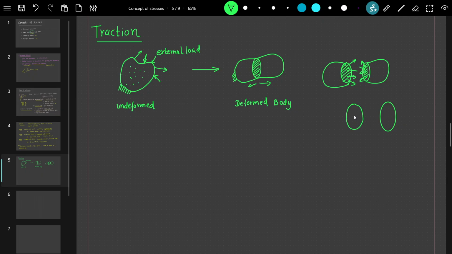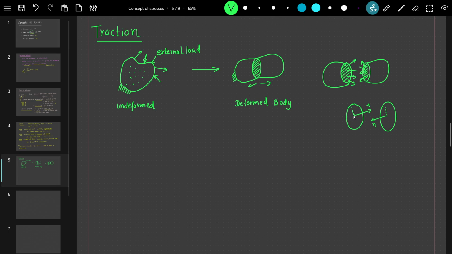This is the surface normal. The surface or cut section is always defined by its normal. Let's take this as a surface normal, and obviously this is also a surface normal, both in the same direction.